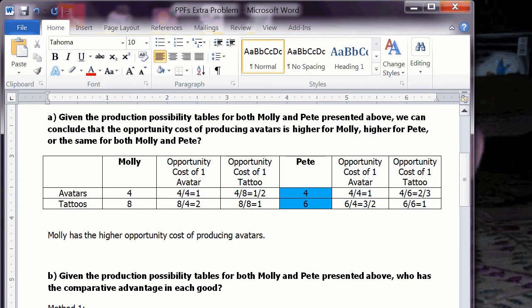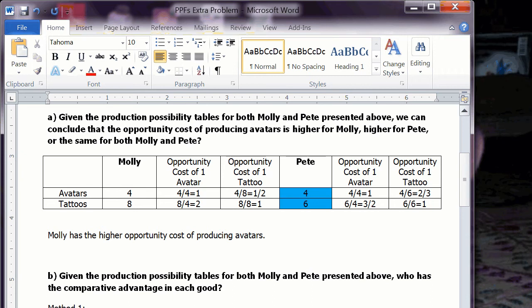So now let's look at the opportunity cost of tattoos. So Molly's opportunity cost of producing one tattoo is 1/2 of an avatar, and Pete's opportunity cost of one tattoo is 2/3 of an avatar. So 1/2 is lower than 2/3.